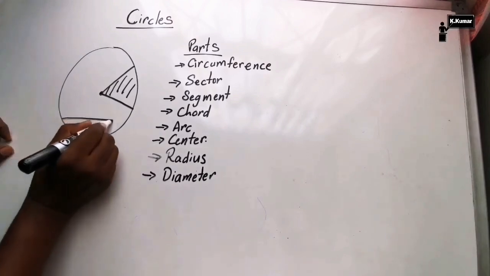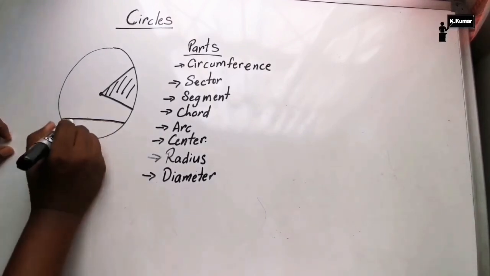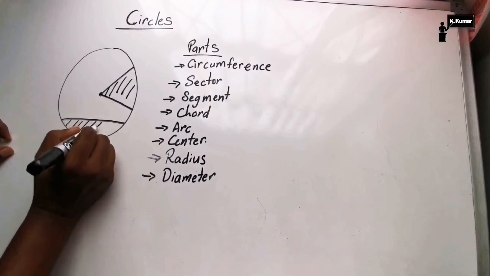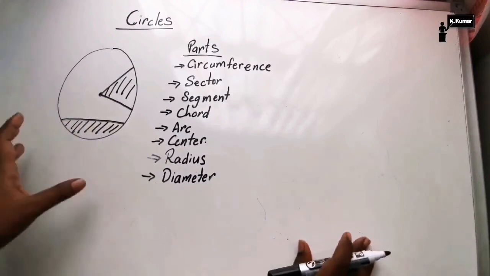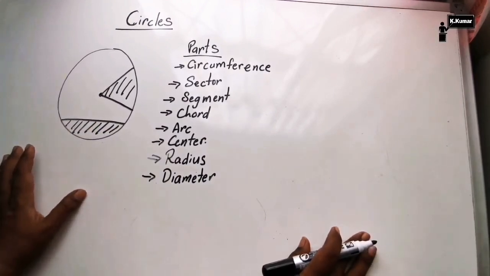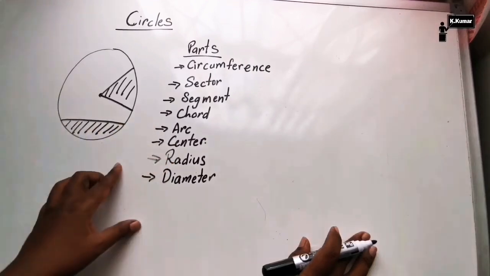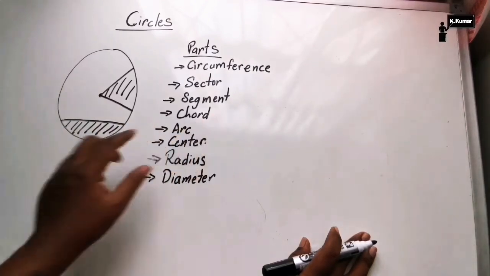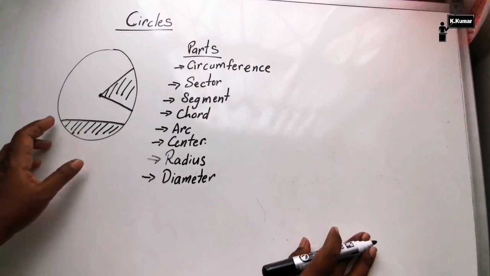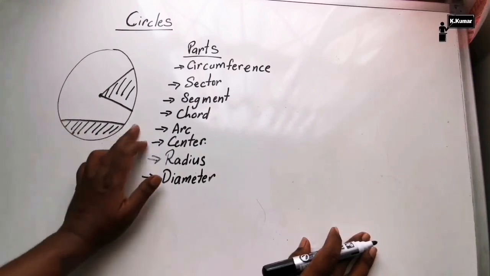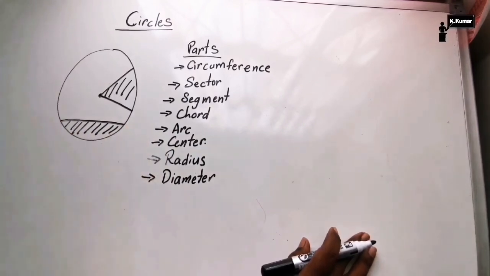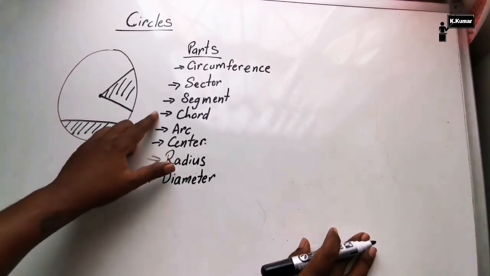Then you have segments. This is considered to be a segment of a circle, right? And we get a segment from the chord. The chord is a line going from one part of the circumference to another part of the circumference, but it doesn't pass through the center of the circle.